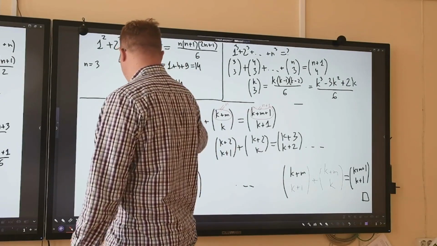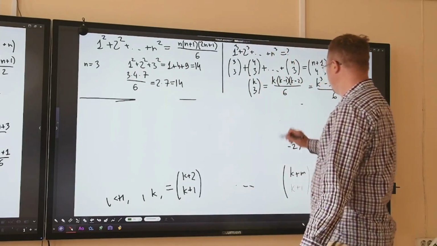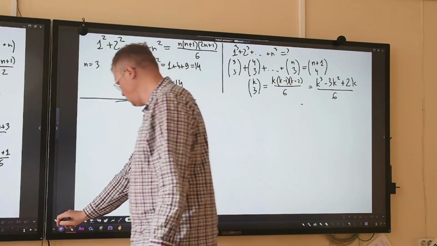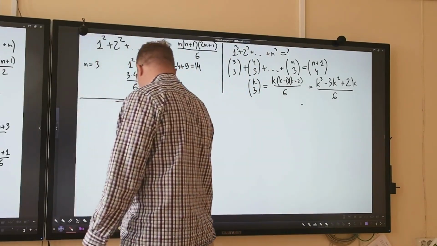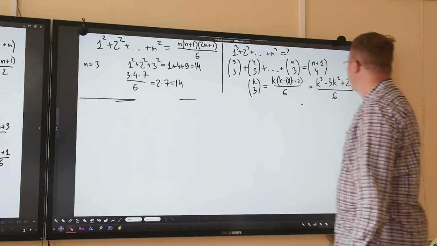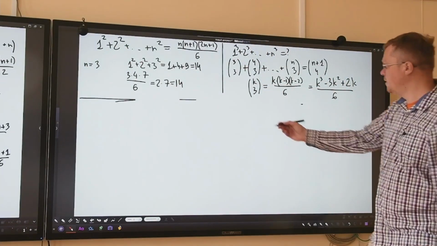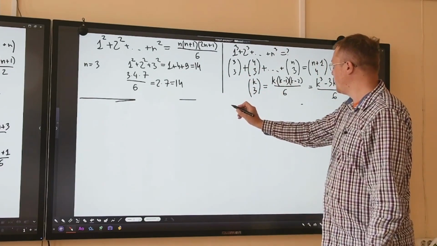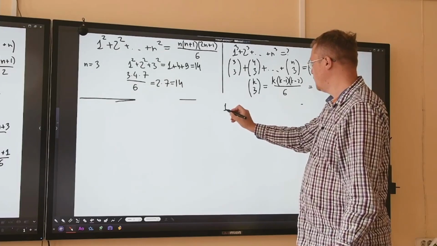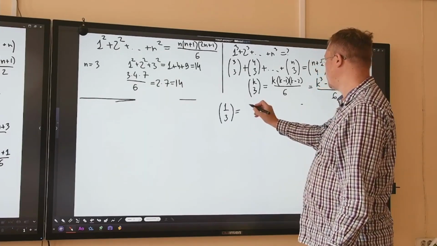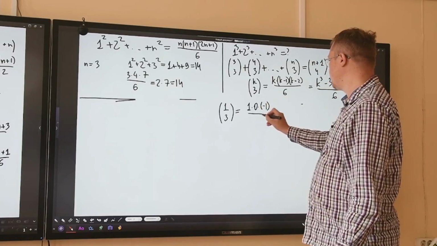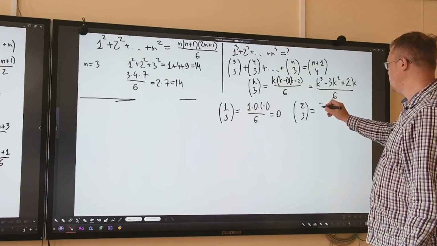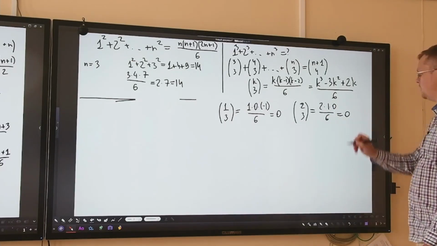And again, as in the previous calculation, first of all, I can write the sum from 1, not from 3, because 1 choose 3 will be, by this formula, 1 times 0 times minus 1 over 6, 0. And 2 choose 3 will be 2 times 1 times 0 over 6, 0.